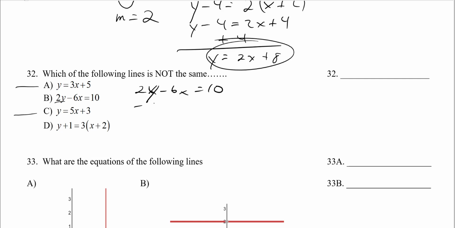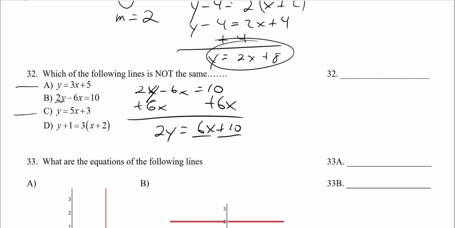Then add 6x to both sides. So you get 2y equals 6x plus 10, and then divide everything by 2. So y is equal to 3x plus 5. So A and B are the same. So the one that's different is C. So the answer is C. It's different. Okay.